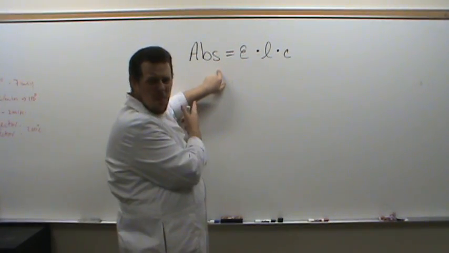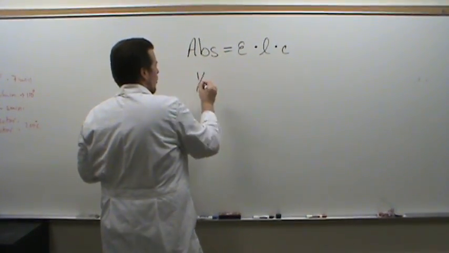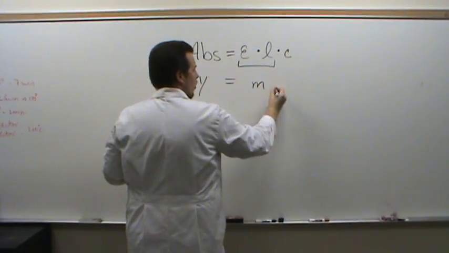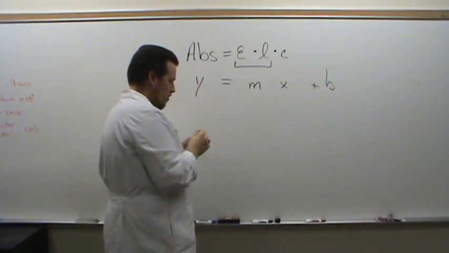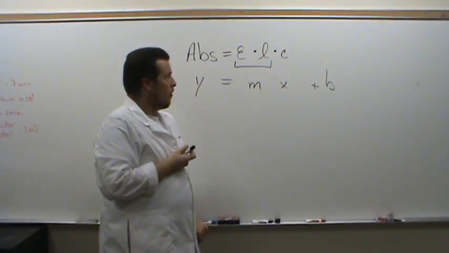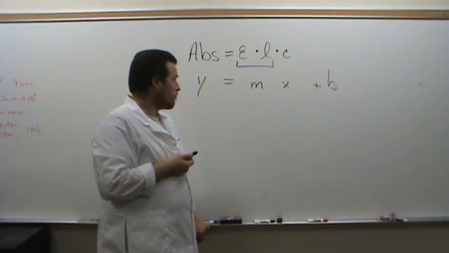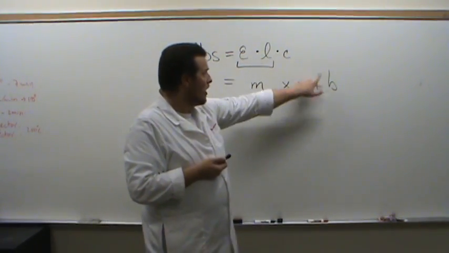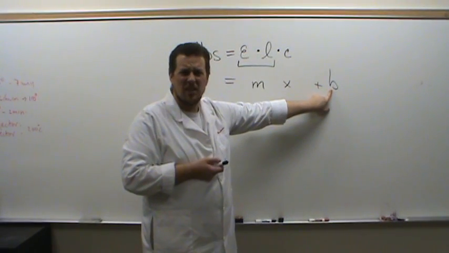So, how do we make this look like a line? Well, what if... that looks kind of like the equation of a line, doesn't it? So, why is there no plus b term out here? What's b in our line equation?